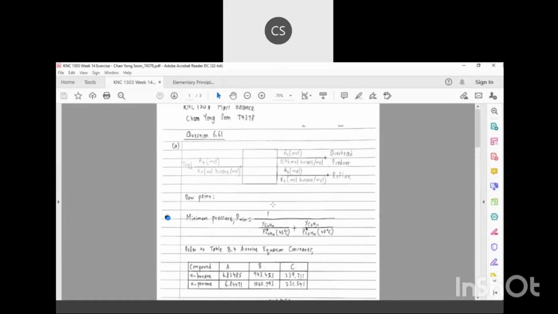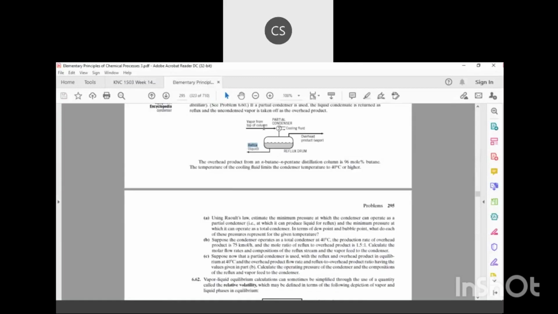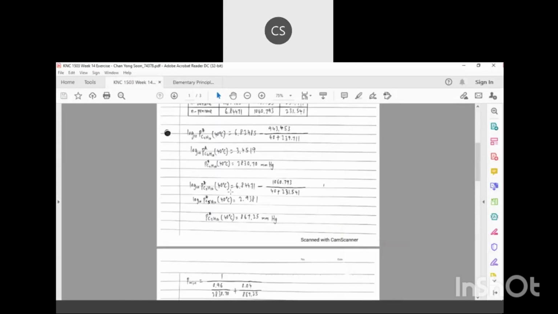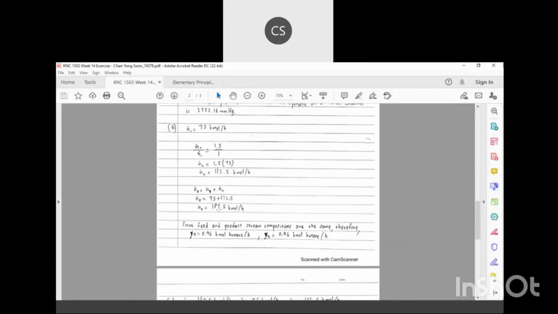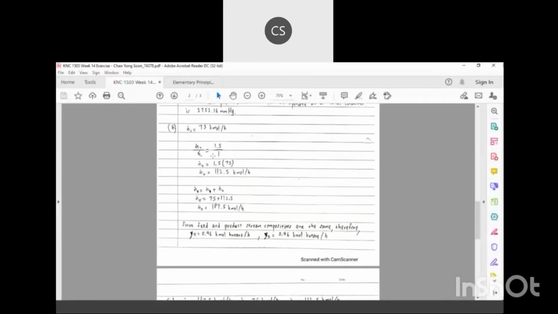And then you find the molar flow rate of the vapor feed to the condenser, the vapor from the top of the column. You just make a balance, input equals output. So N0 equals N1 plus N2. So 75 plus 112.5 equals 187.5 kilomole per hour.